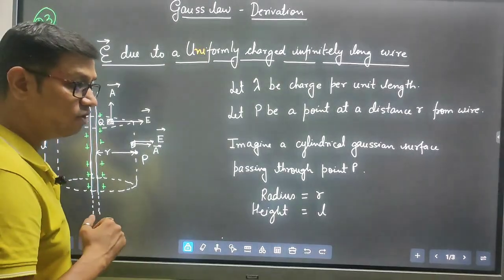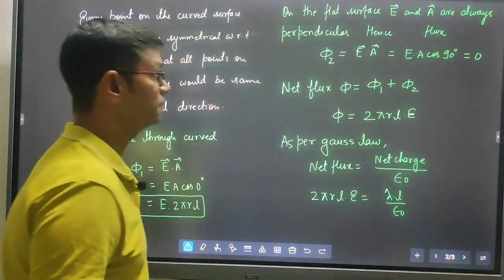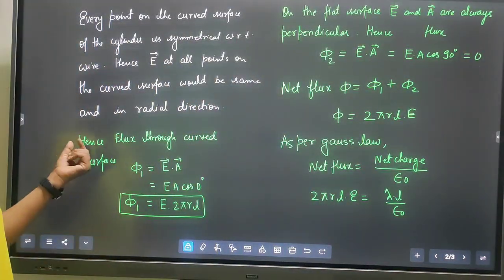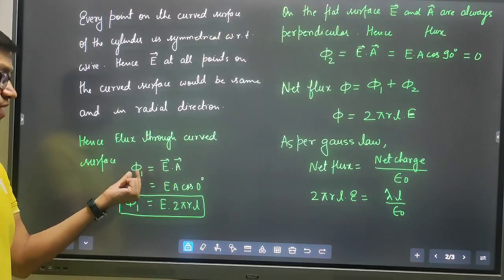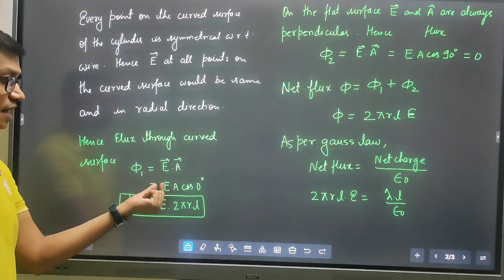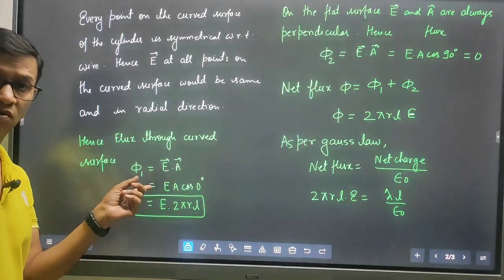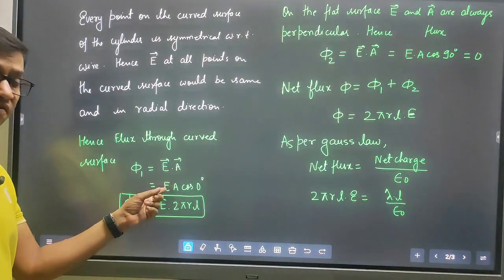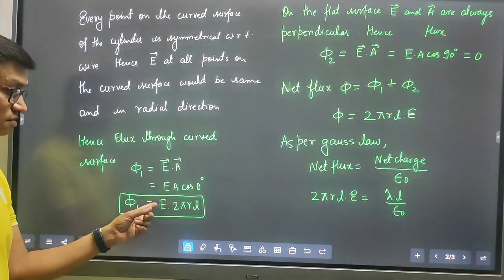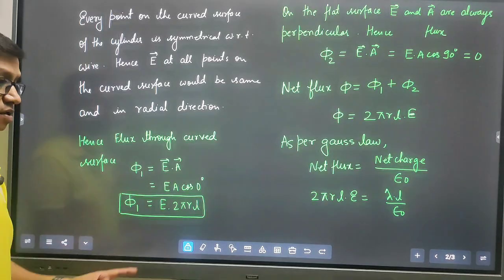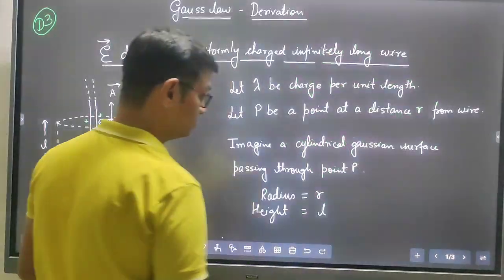So what will be the flux? The flux through the curved surface, let's call it phi 1, is E dot A, which is EA cos 0. I told you this angle is 0. E is the same everywhere, so let's take that as E. Now come to the area part.